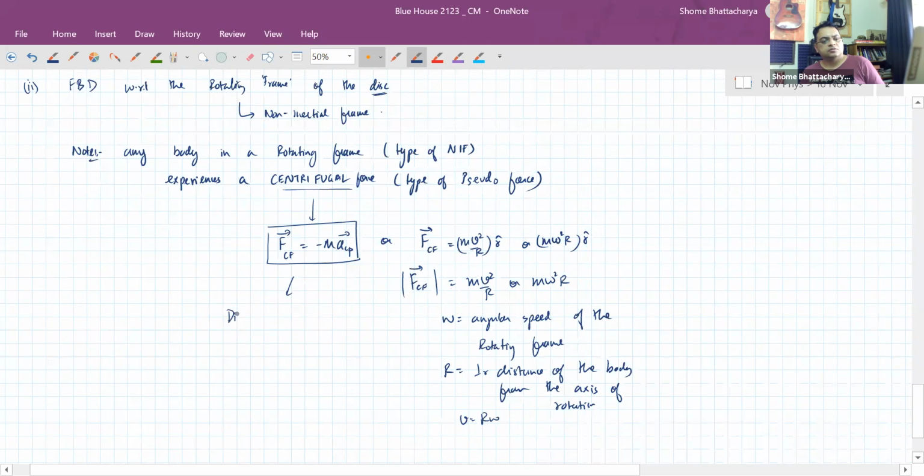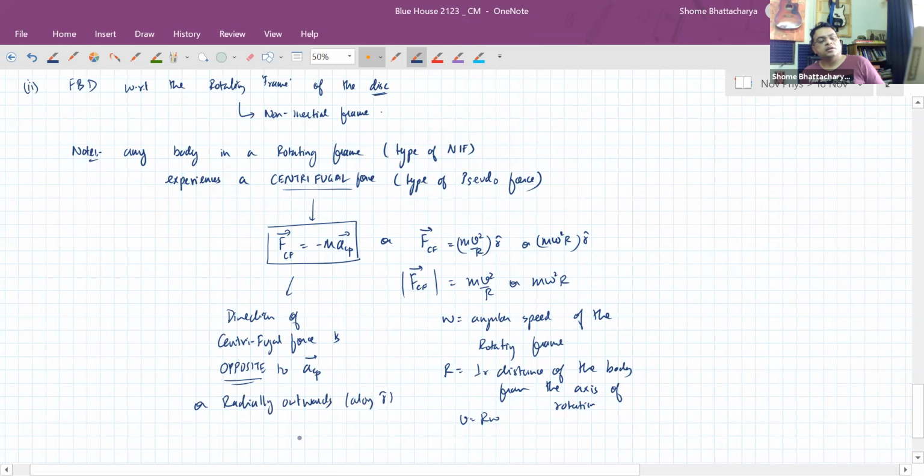So the direction of centrifugal force is opposite to the centripetal acceleration, or radially outwards. It is along r cap.